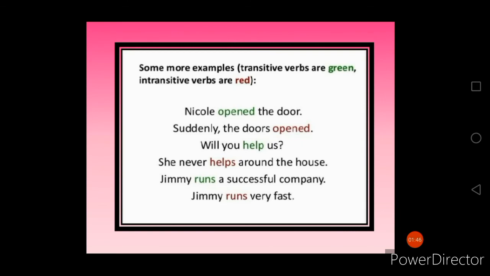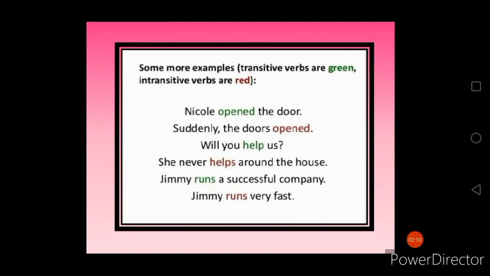In this example the same verb is used, that is help, right? After this verb what is present? Yes, very correct, students. Around the house is the adjunct because it answers the question where, right? So in this case helps is an intransitive verb.